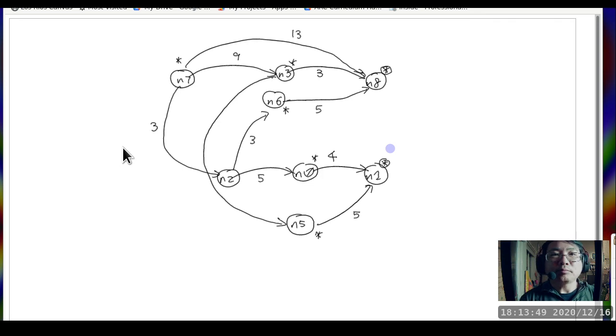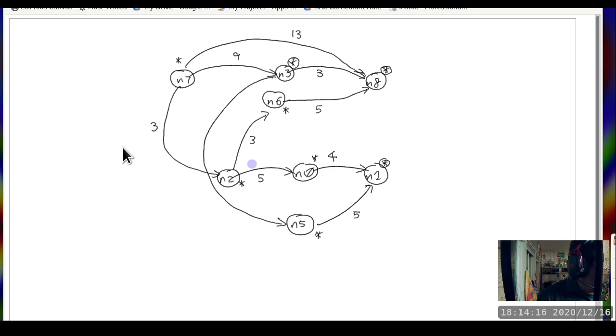Okay. So out of all the ones with a star, we see N3 is the next one. So we put a circle here. And then everything that goes into N3 will have a star. But since N7 already has a star, and N5 also has a star, those two are okay. But we do have to add N2 into the set.